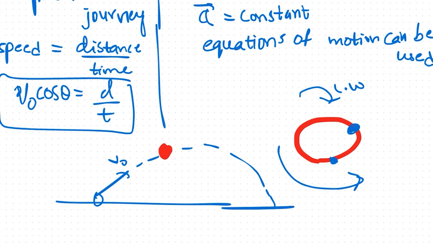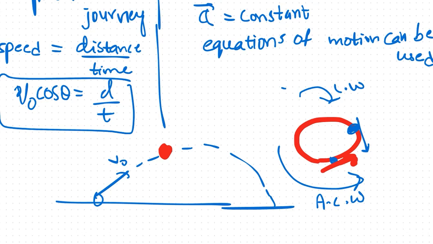Can you draw it? Okay. This is for anti-clockwise. For clockwise also draw it. So that is the v vector. Similarly, it will be along the tangential direction, the velocity vector.